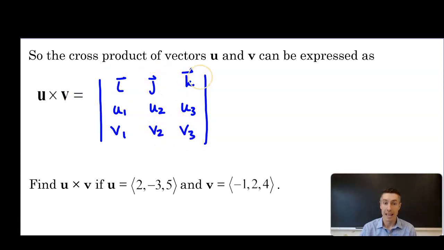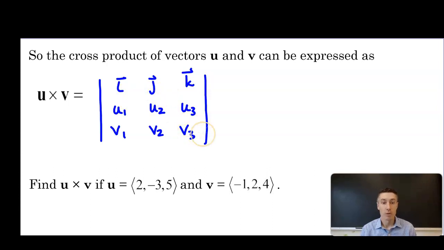Since i, j, and k are unit vectors, we'll wind up just getting scalars of i, j, and k that are combined with addition or subtraction, that will give us a vector out. Okay, so this will be the setup that we use in order to use the method of finding a determinant to find the cross product of two vectors.